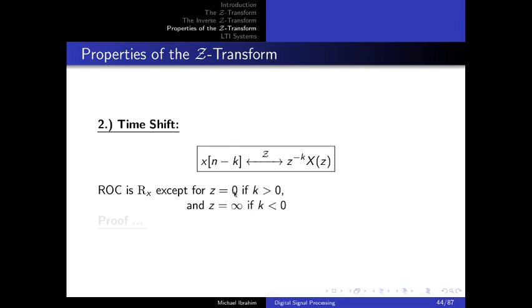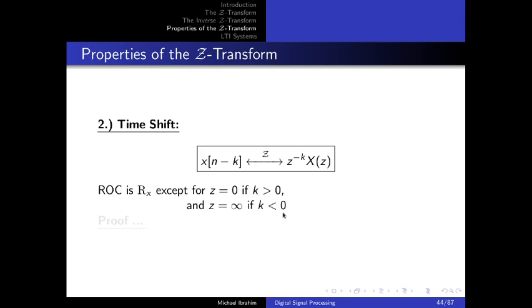That's why we will be removing z equals 0 from the ROC if we're shifting right, because shifting right, we might be getting new samples located at the right of n equals 0. On the other hand, if k is less than 0, then we'll be shifting left.